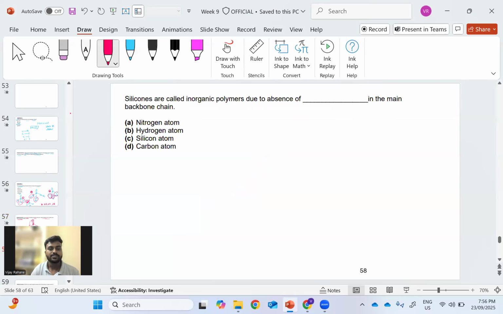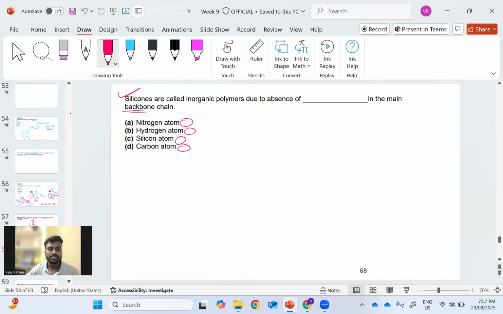Then the third question is: silicones are called inorganic polymers due to the absence of, we have four options, in the main backbone chain. Whether it is nitrogen atom, hydrogen atom, silicon atom, or the carbon atom.